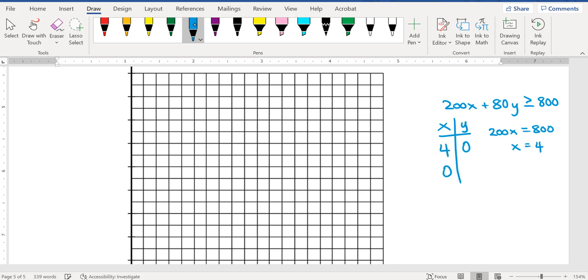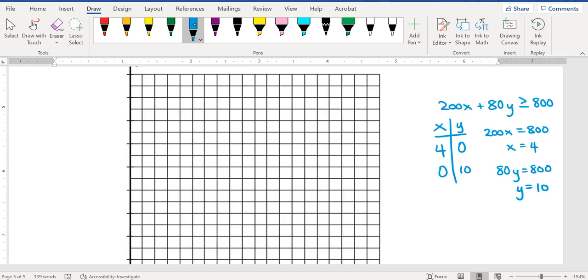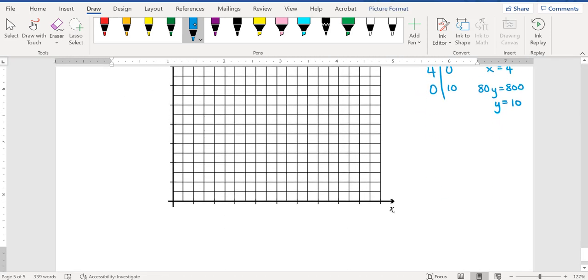If x is 0, I get 80y equals 800, so y is 10. So let's go graph 4, 0, and 0, 10.